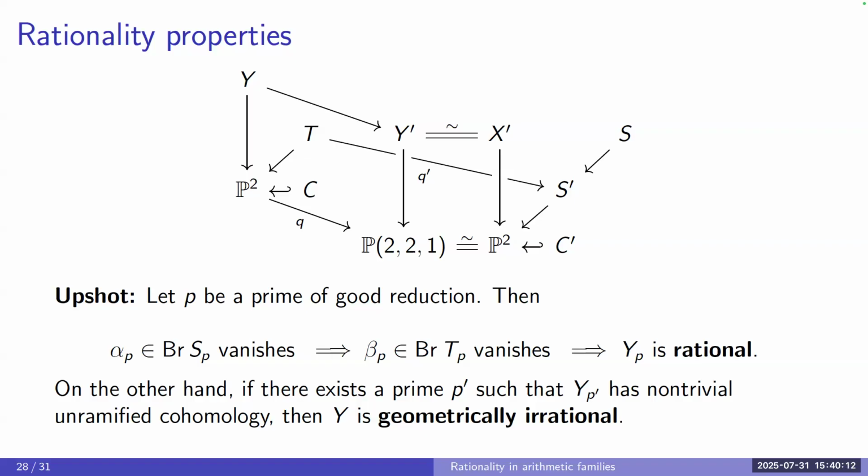I just have a comment that's tangential to this, about some things you were saying at the beginning. You mentioned that in characteristic zero, degeneration of a rational variety is also irrational.